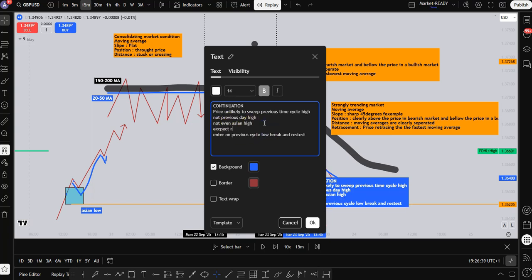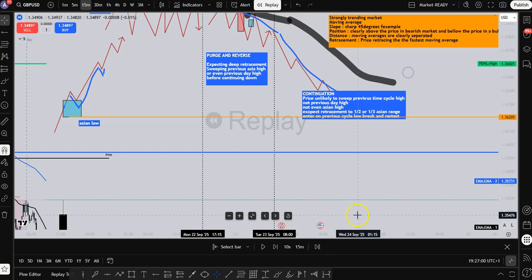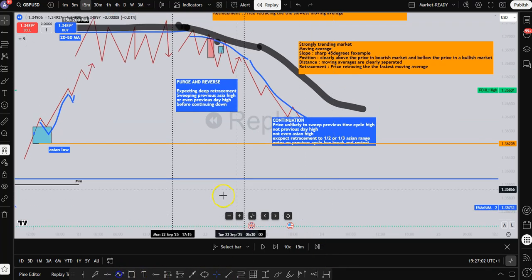Expect retracement to half or a third of the Asian range until the previous cycle break and retest. This is it. And just a small tip, we can measure the strength of a trend by the retracement. In an average trend, retracements are deep; in a strong trend, retracements are short.